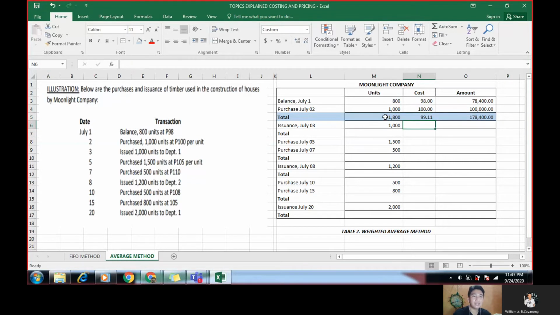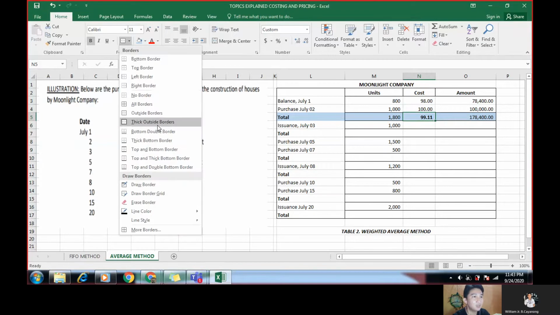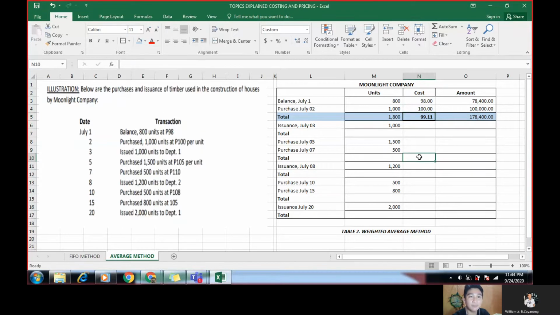So therefore, the new price here is 99.11. Lagyan natin ng border muna. Thick border yung ginamit ko to emphasize na yan yung new price niya. So therefore, ayan na, 178,400 at the cost of 99.11 pesos and how many units? 1,800.